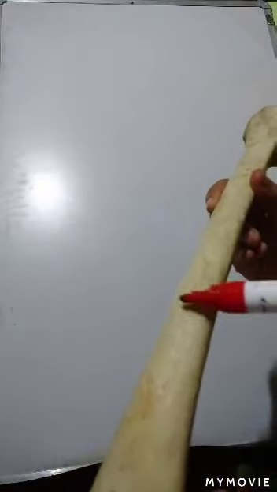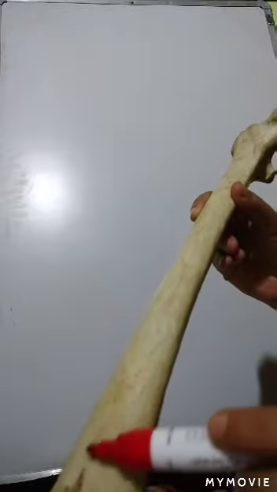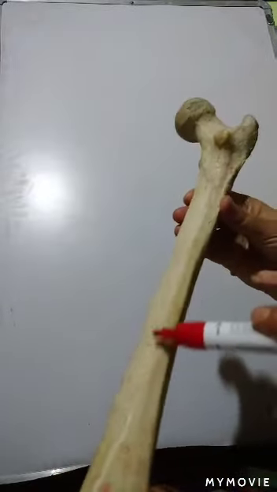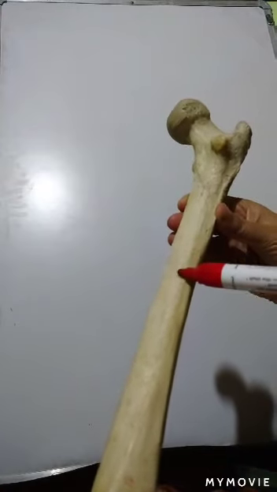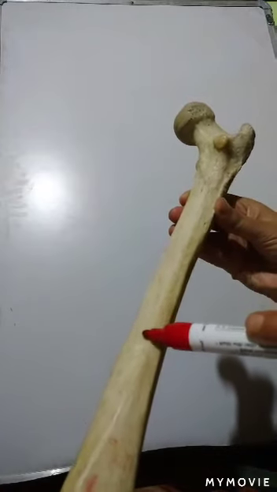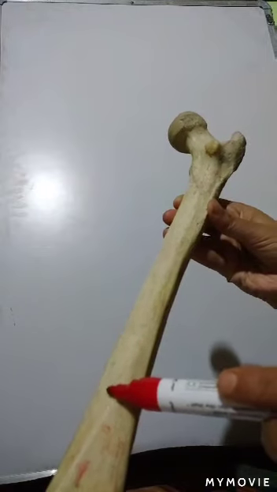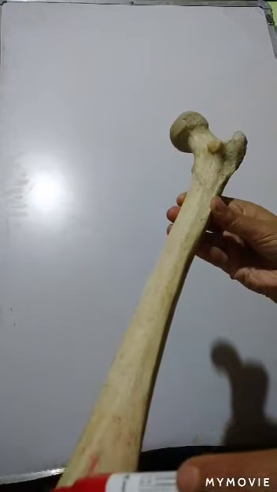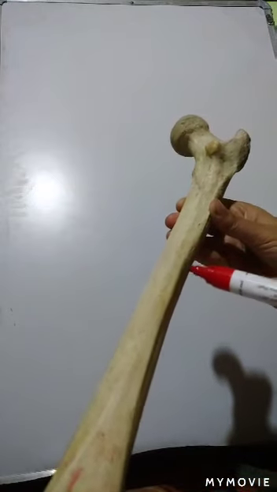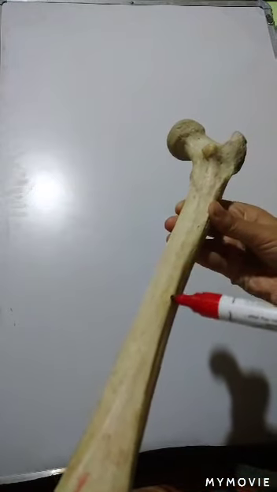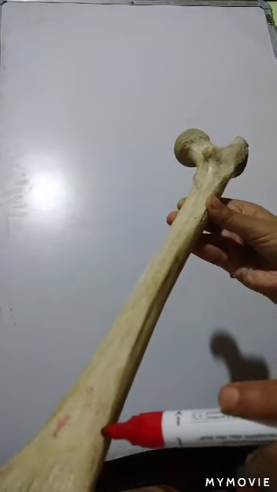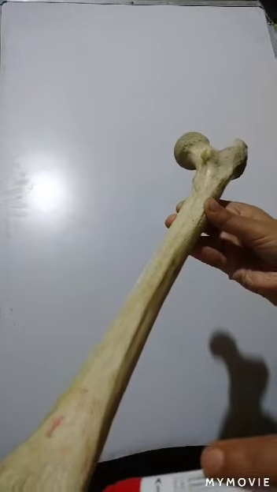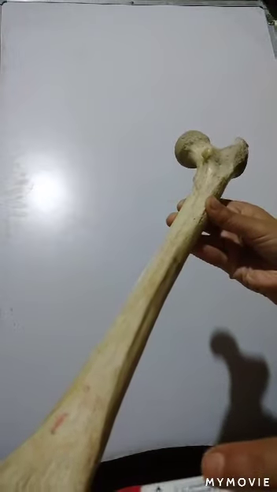Coming to the lower 1/3 of the shaft. As in the upper end, the medial lip of the linea aspera continues downwards as the medial supracondylar line, and similarly the lateral lip of the linea aspera continues downwards as the lateral supracondylar line.